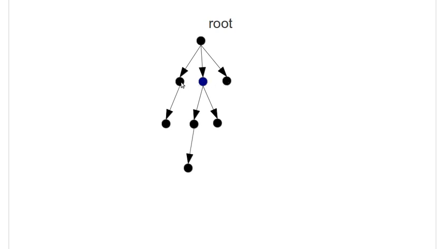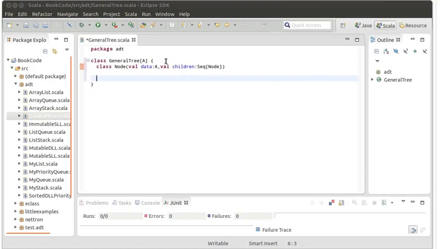So each node knows about its first child and its next sibling. It turns out that's sufficient to represent any tree that you want. You're basically creating a singly linked list of children with next pointers going through them. But a lot of the time it's easier to do it in the way that we have described here.